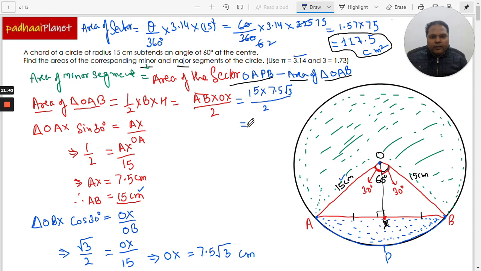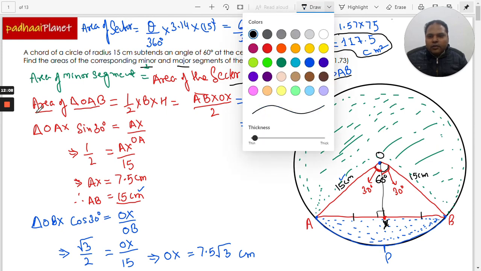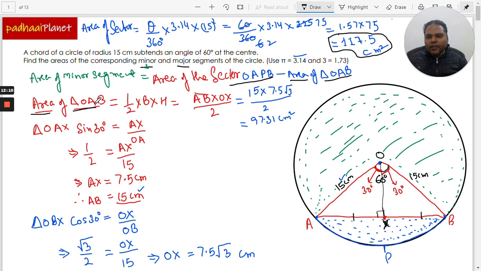Let me again take help from the calculator: 7.5 multiplied by 7.5 multiplied by 1.73, so that's 97.31 square centimeters. So this is the value of the area of the triangle.